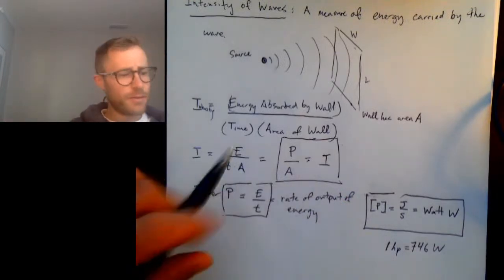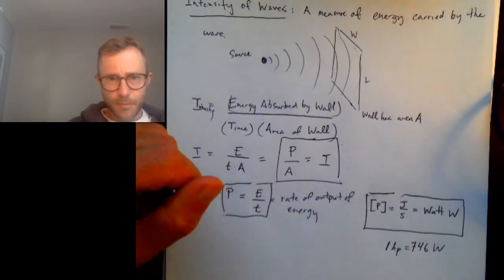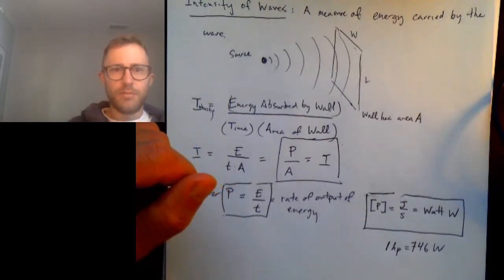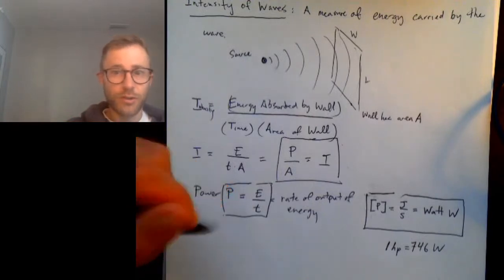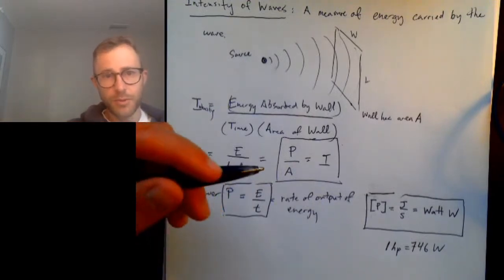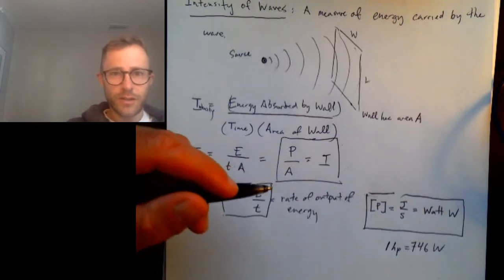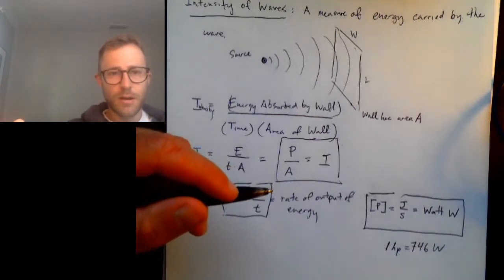So if you buy a light bulb, and you look at the box that the light bulb is in, it will tell you the wattage of the light bulb. So if it's an incandescent bulb, it'll say maybe 60 watts or something.